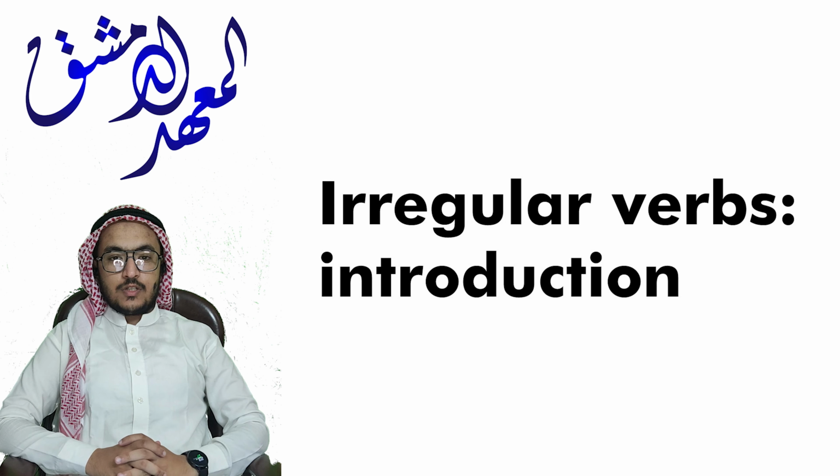And when we come to the plural form of these verbs, نحن زرنا, أنتم زرتم, أنتن زرتن, هم زاروا, هن زرن. And نحن طرنا, أنتم طرتم, أنتن طرتن, هم طاروا, هن طرن.